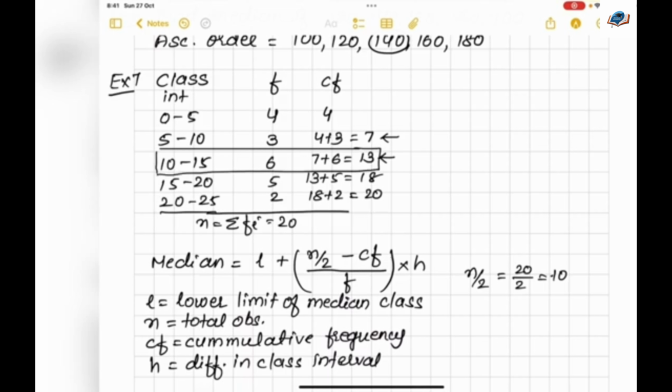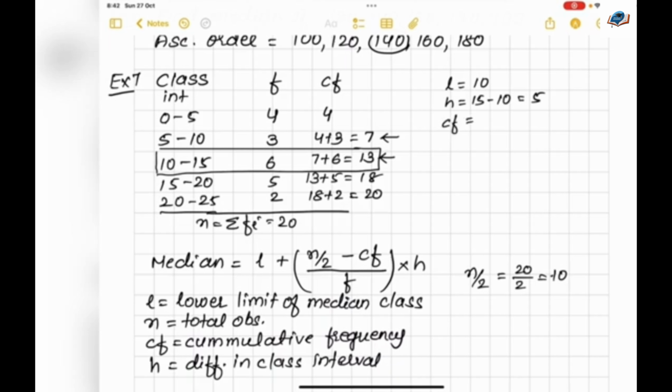See, now my L will be the lower limit of the median class. So median class is 10 to 15. So 10 will be my L. H will be 15 minus 10. So that will be 5. Now CF. CF will be one value above the median class.